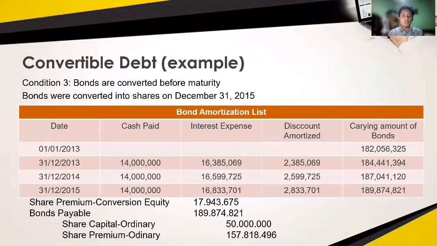And then we credit share capital ordinary amounting to 50,000 million rupiah, and share premium ordinary amounting to 157,818,496 rupiah.